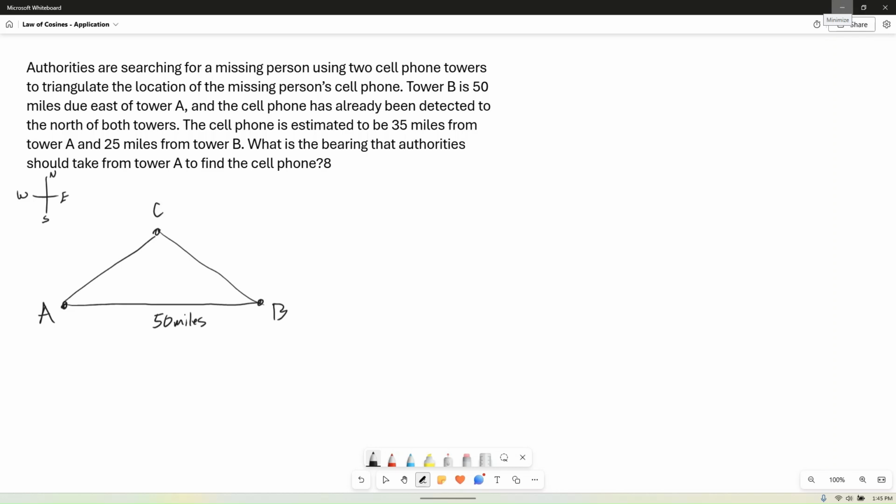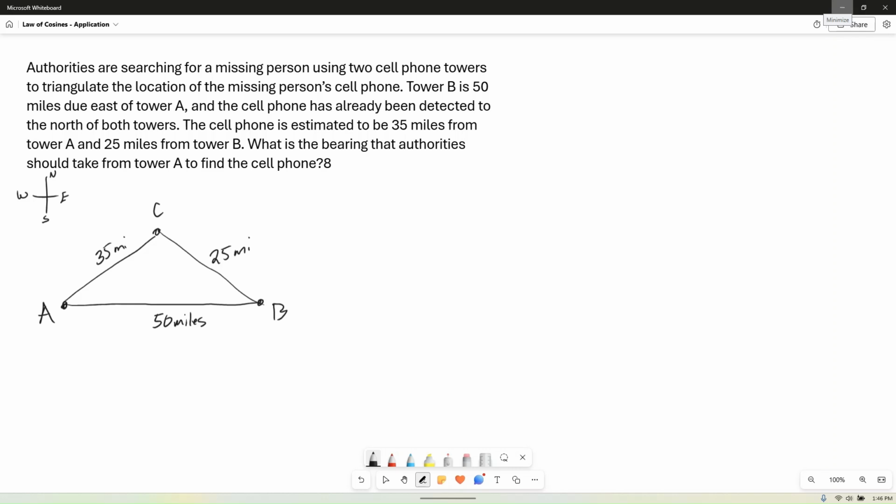If one of them was greater than 50, it would create an obtuse looking triangle. But because both are less than 50, it has to be in the middle. So the distance from Tower A is 35 miles, and from Tower B, it's 25 miles.